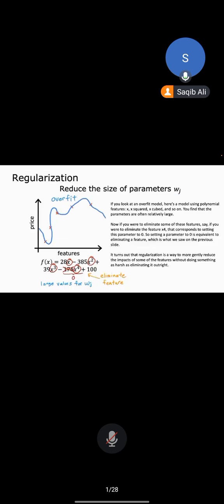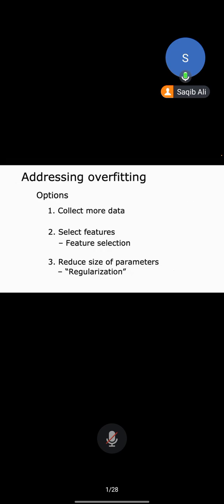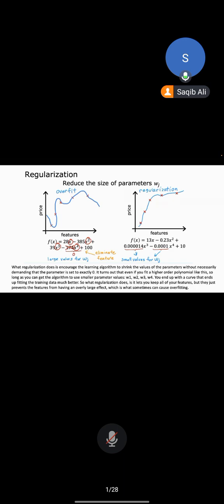Okay. So hopefully now we have to look at this one. Reduce the size of the parameters, just like here. Previously, these parameters have very high values, so they cause overfitting. Same model over here. We are not eliminating the features; we are using small values for Wj.